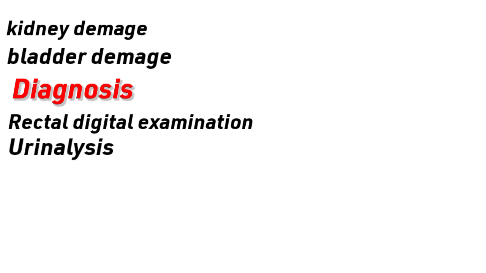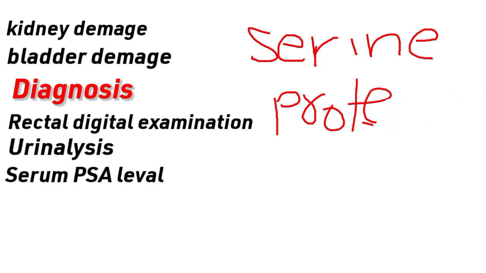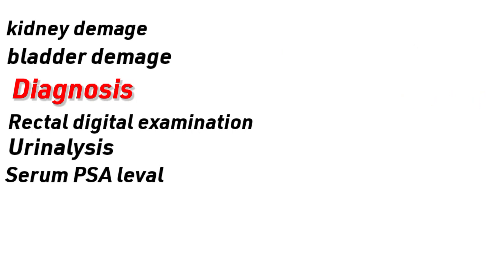Serum prostate specific antigen can be checked. Normally, the prostate gland produces serine protease, which plays an important role in the liquefaction of semen in the female vagina. A small amount of serine protease diffuses from the stroma of the prostate gland into blood vessels, and we call it prostate specific antigen.